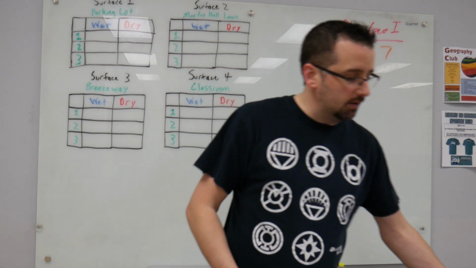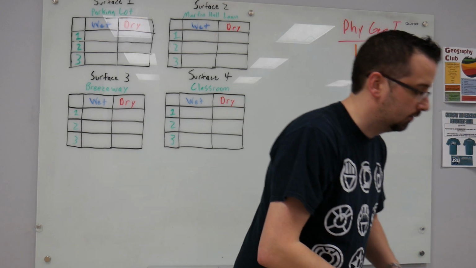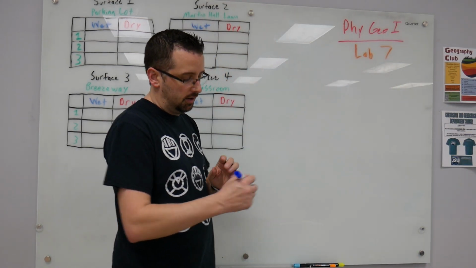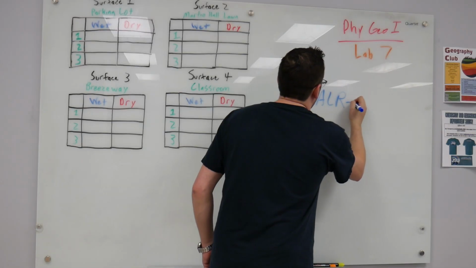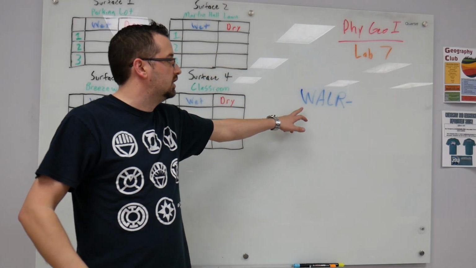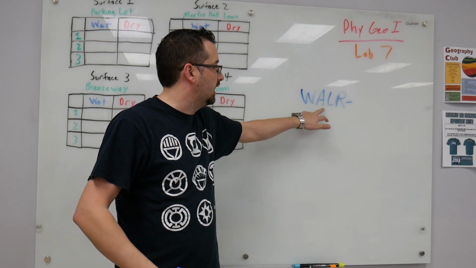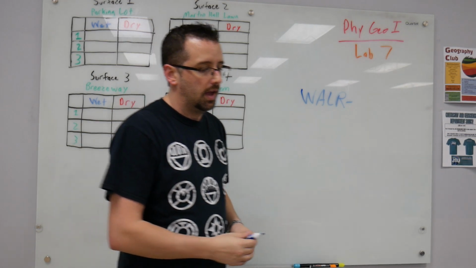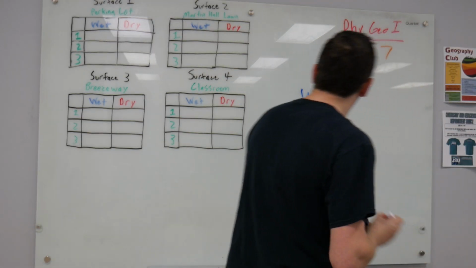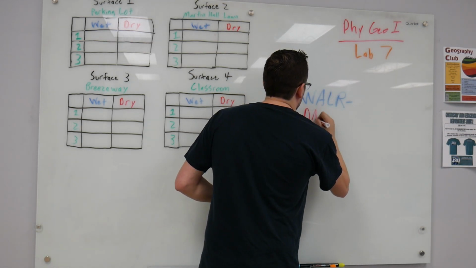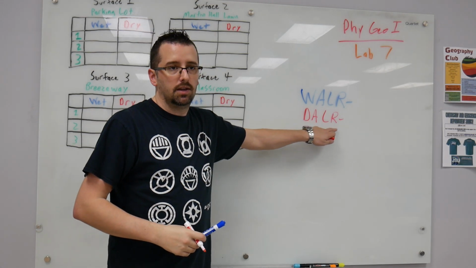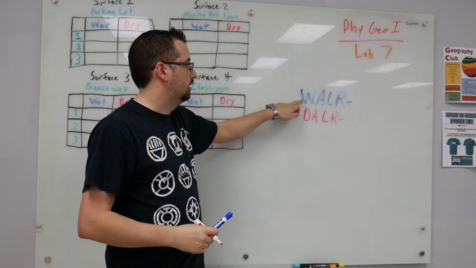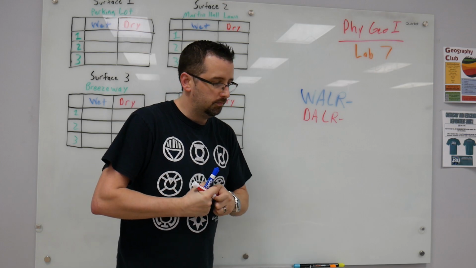So we're going to talk about the wet adiabatic lapse rate and the dry adiabatic lapse rate. So the whiler and the dowler. From here on out, you will see WALR, wet adiabatic lapse rate, and then you will get the dry adiabatic lapse rate, DALR, the dowler. The whiler and the dowler. Okay. All right.